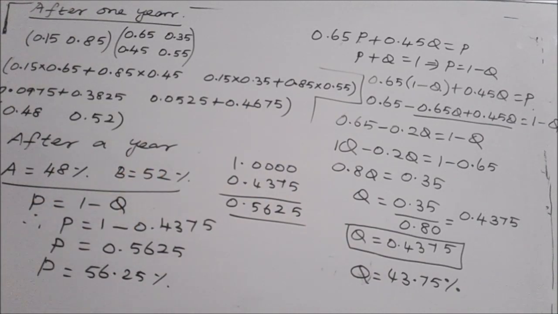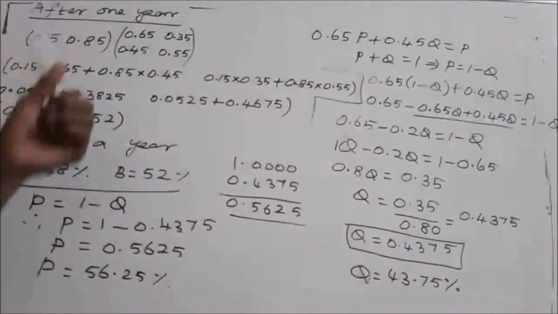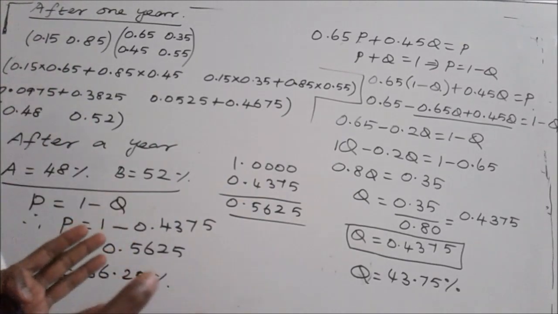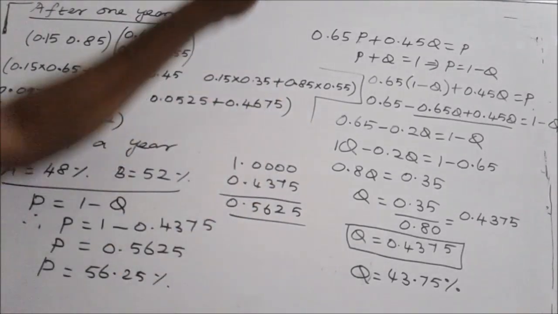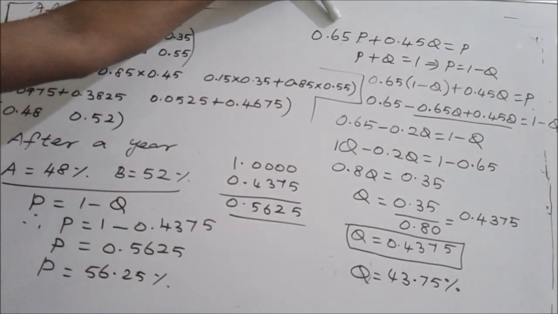When the equilibrium is reached, we have PQ into the transition probability matrix will be equal to PQ. While proceeding in the same way by the method, we'll have two equations.